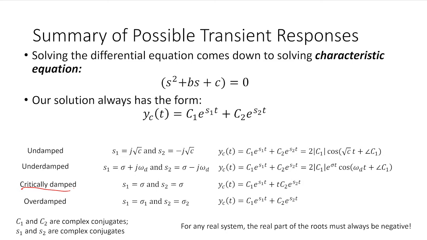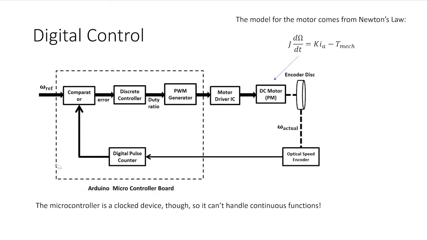You notice that's the weird one where I have this little t in there, and that's done to make a unique solution. I probably will never have that, because getting 2 roots that are exactly equal to each other is almost impossible to have happen in the real world, without some sort of active control. It's probably actually easier to have happen than this is. Anyway, I want to move on from that.